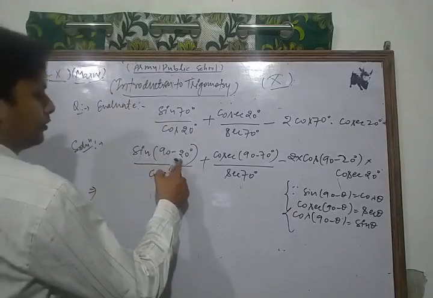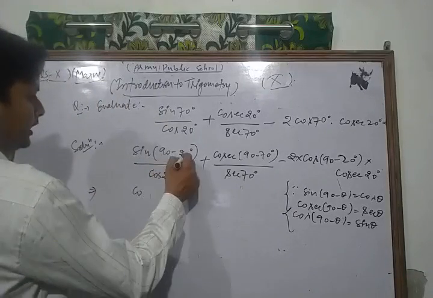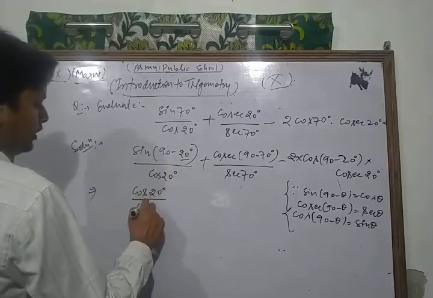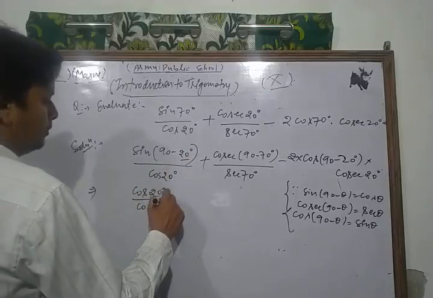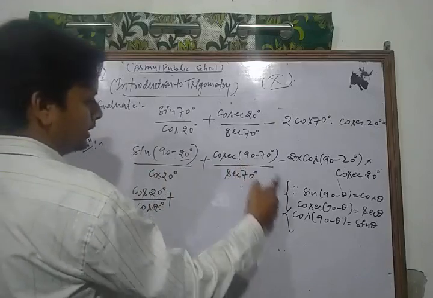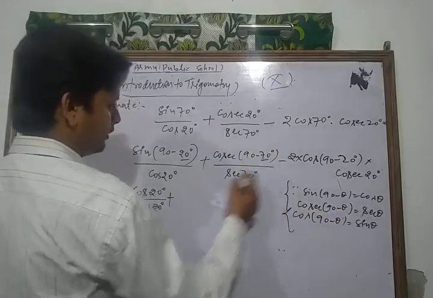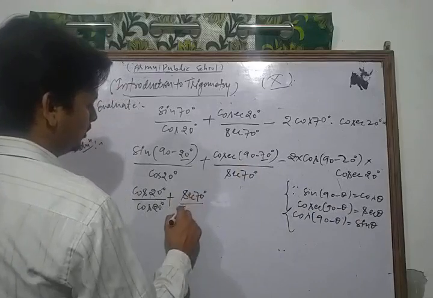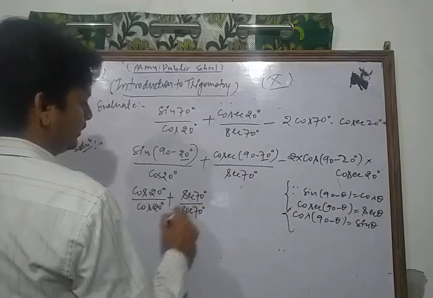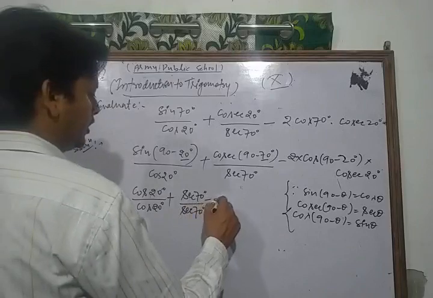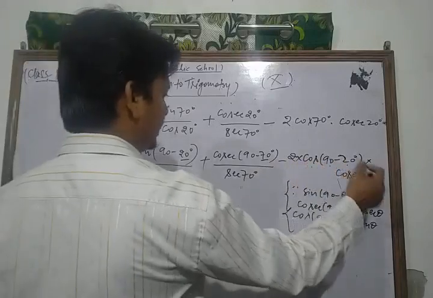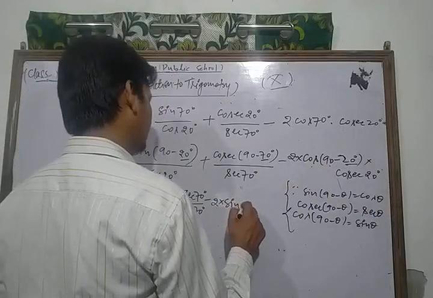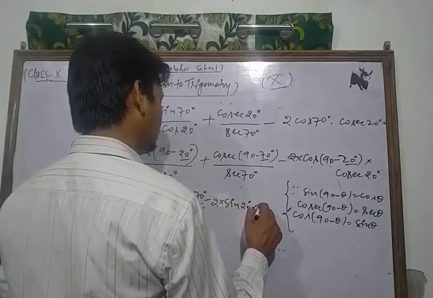Sin (90 minus theta) is cos theta, and theta is here 20 degree, so we write cos 20 degree, and cos 20 degree as it is, plus cosec (90 minus theta) is sec theta, here theta is 70, so we write sec 70 degree upon sec 70 degree as it is, minus 2 into cos (90 minus theta) is sin theta, here theta is 20, so we write sin 20, and into cosec 20 as it is.